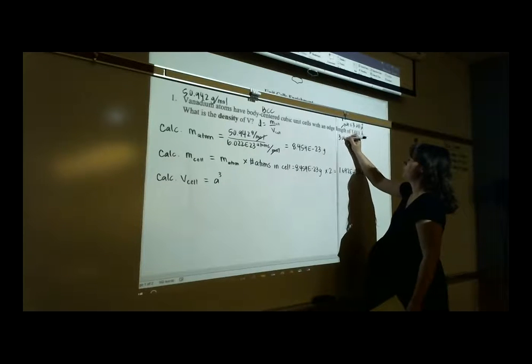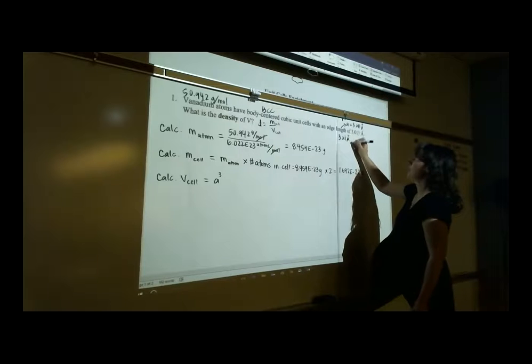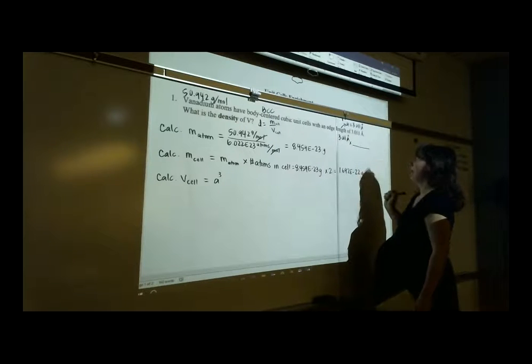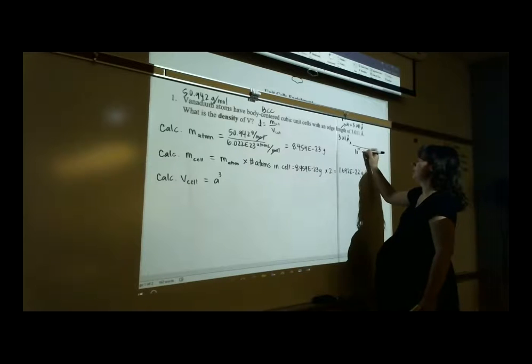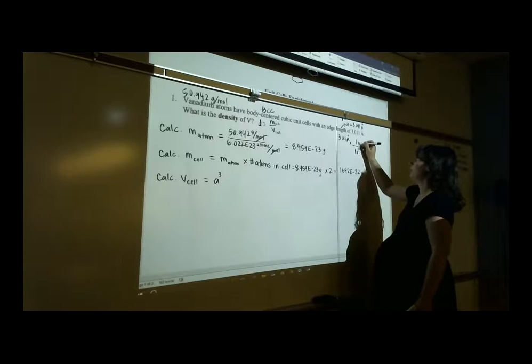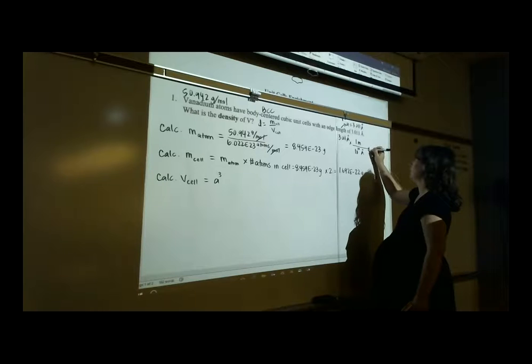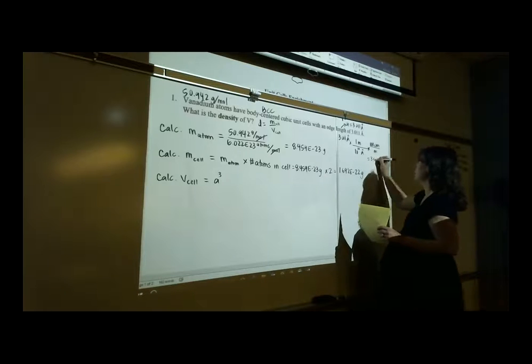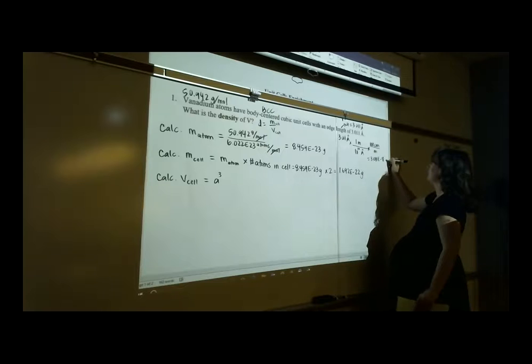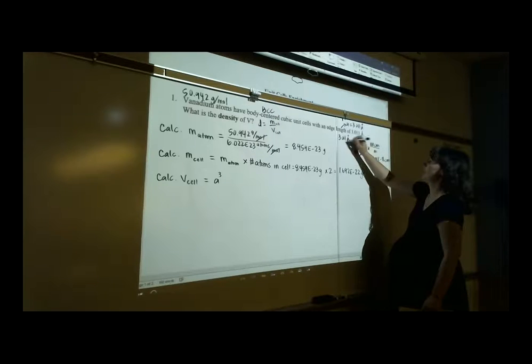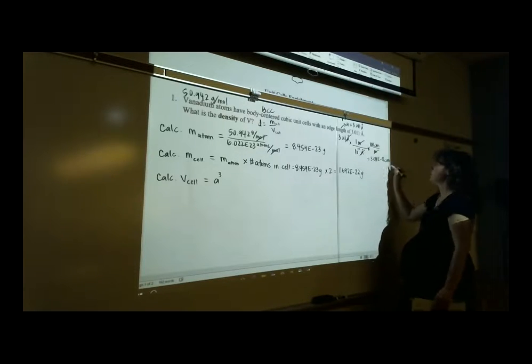So 3.011 angstroms. How many angstroms are in a meter? 10 to the 10th angstroms per 1 meter. And then there are 100 centimeters per meter. So that gives me 3.011 times 10 to the negative 8 centimeters. Right? Angstroms cancel, meters cancel.